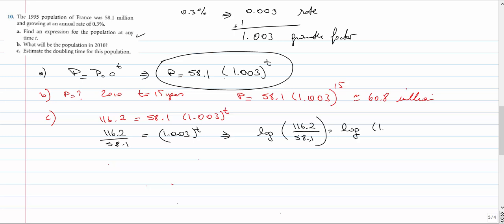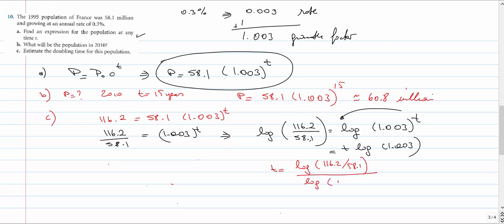The exponent becomes your coefficient, so this is t log 1.003. So now t is equal to log of 116.2 over 58.1 divided by log 1.003.